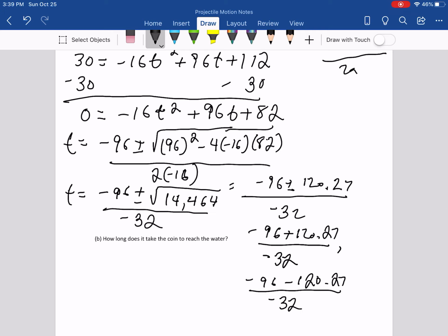So let's see what that comes out to. The first one, negative 96 plus 120.27 divided by negative 32, is negative 0.76. And the bottom one, negative 96 minus 120.27 all over negative 32, that's 6.76.